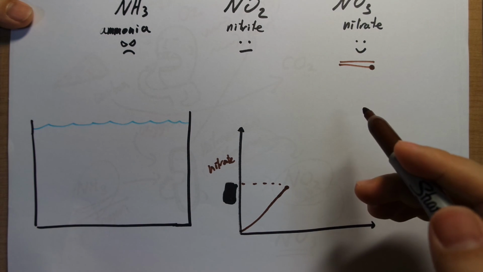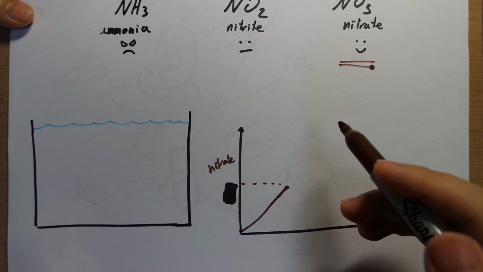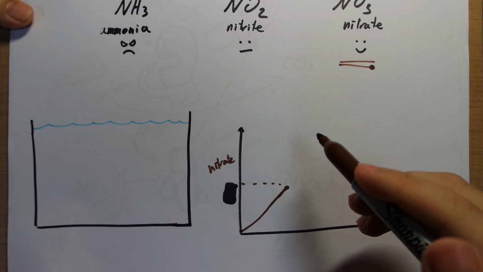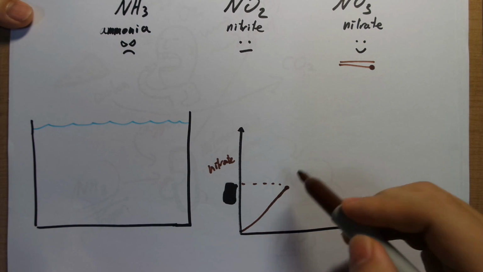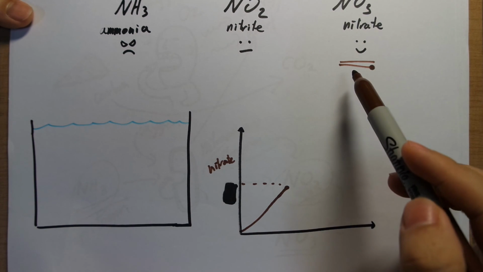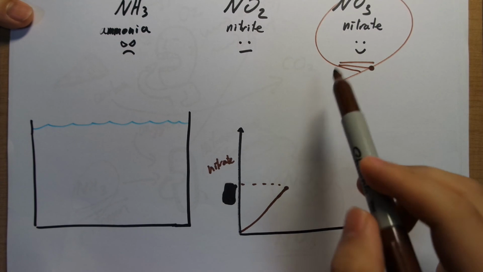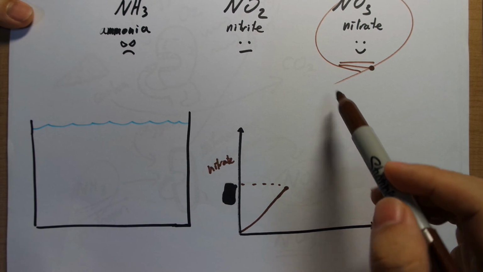Some fish are very sensitive to nitrates, and some fish are very hardy and can tolerate very high levels of nitrates. But eventually it's going to get to that point. And what you do is you do a water change at that point. This is why water changes become necessary, because in conventional filtration, you're going to end up with nitrates building up, and the only way to get rid of it is to get rid of the water.